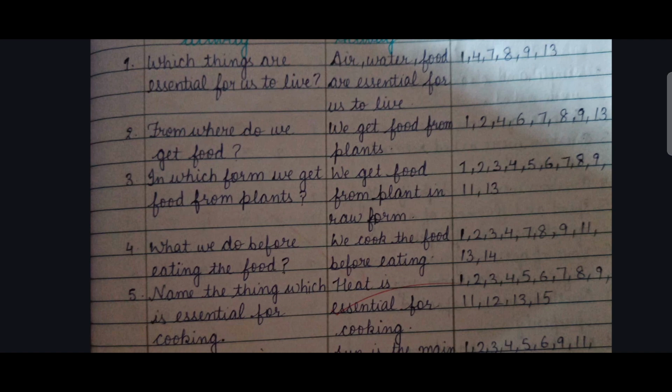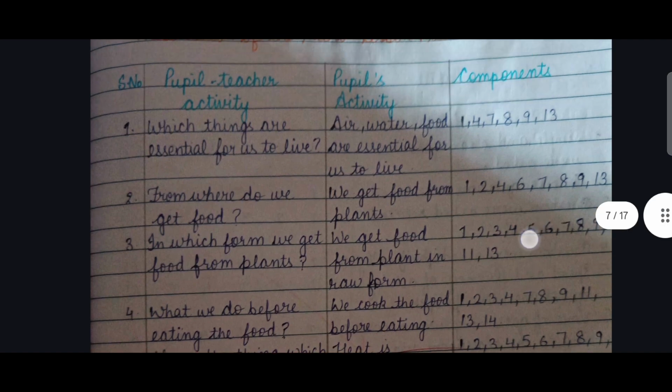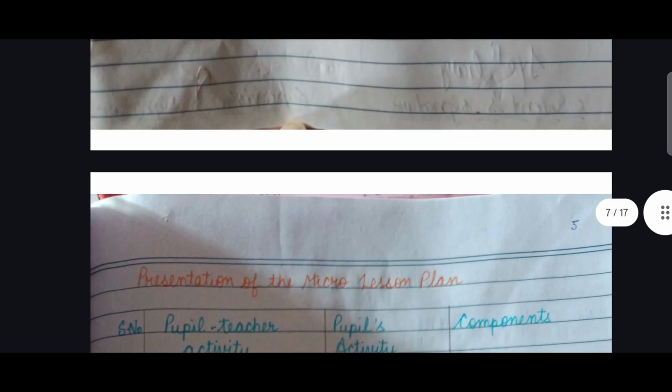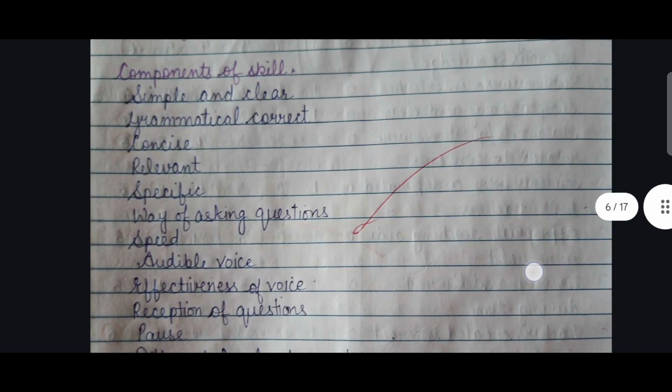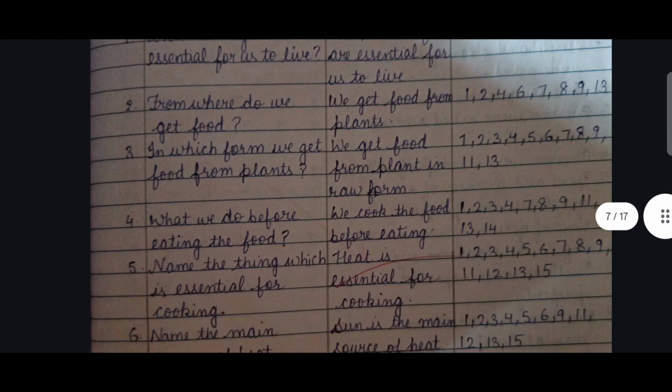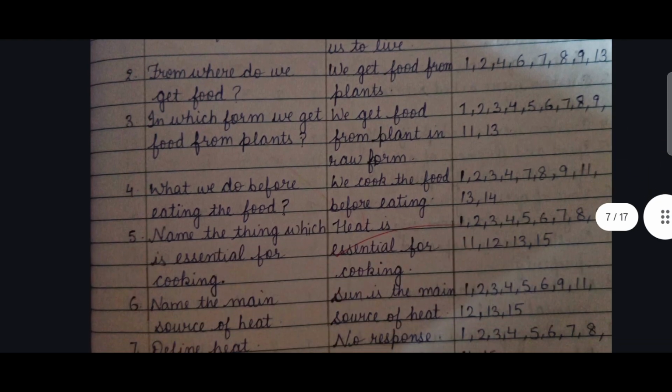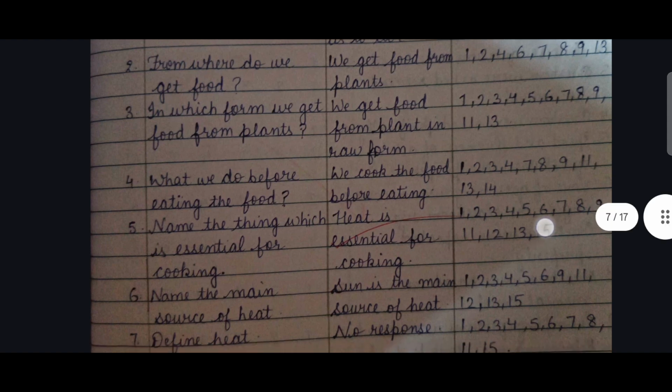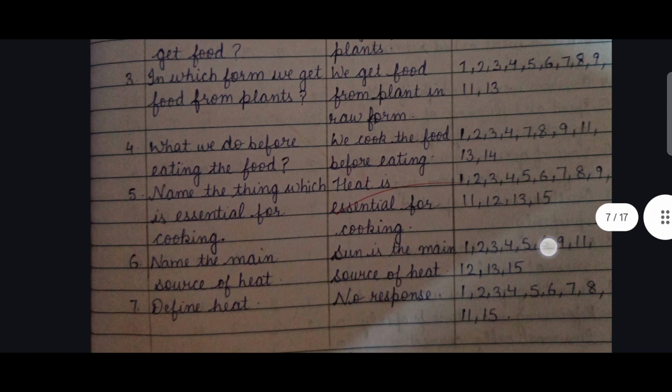Like here, they have taken introduction questions. Again the components are the same as the previous one, showing which component is being used in this question. So you can check this out.